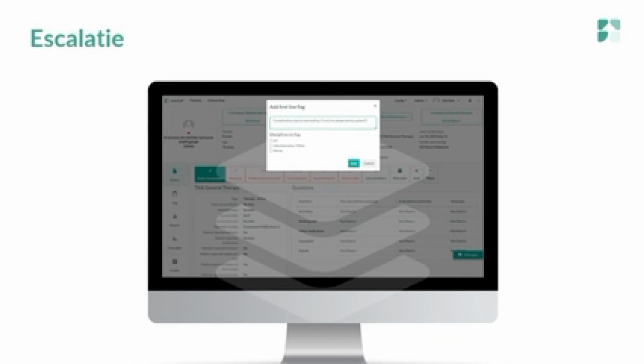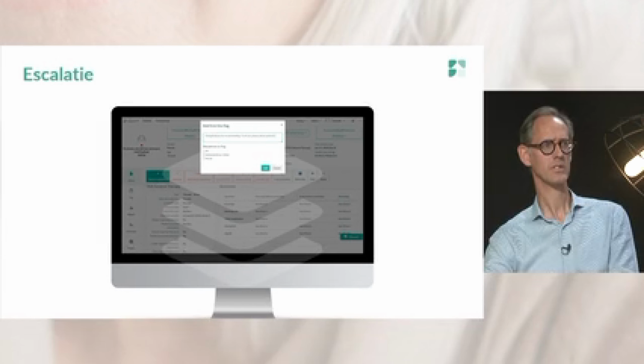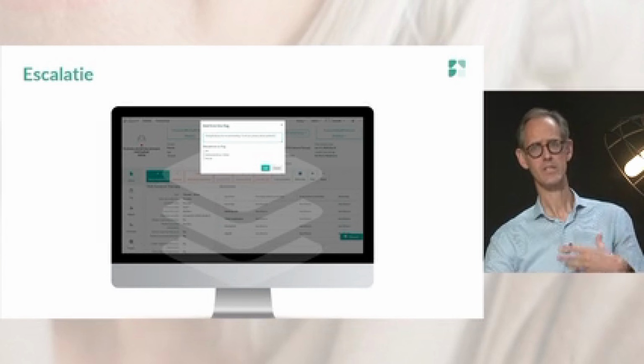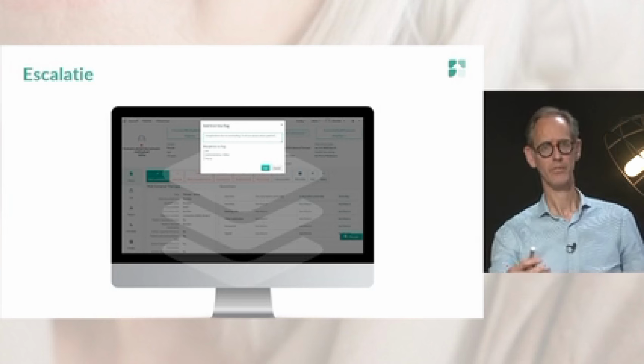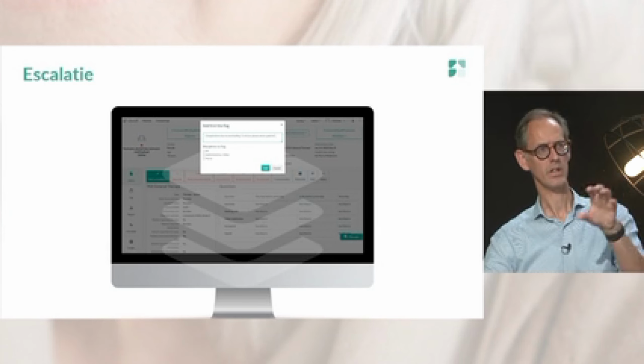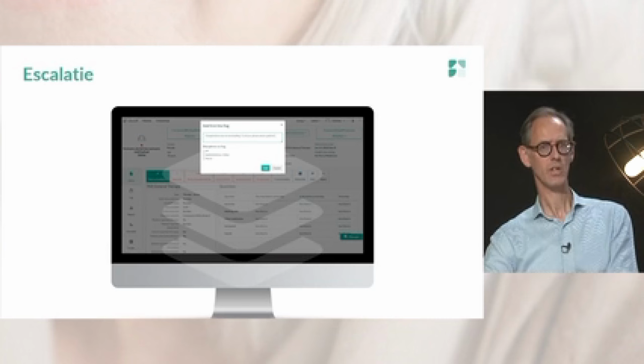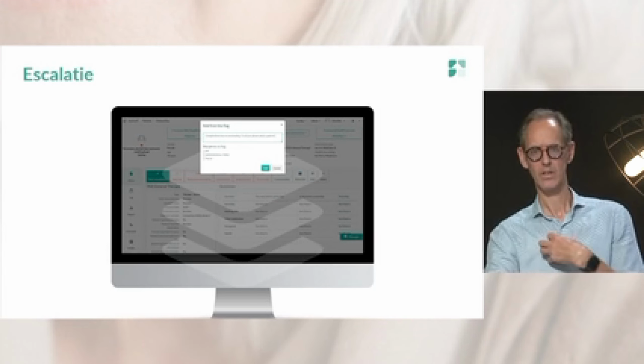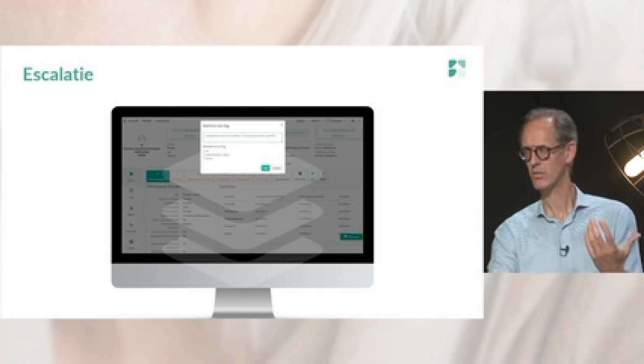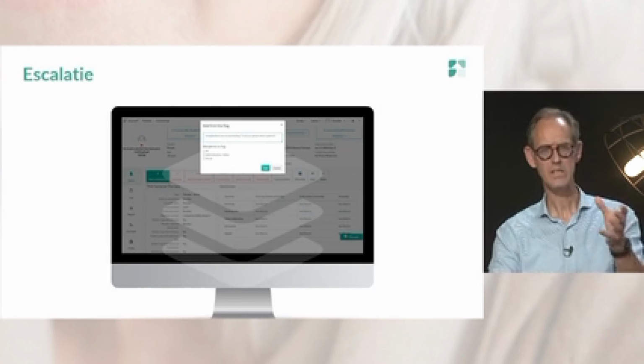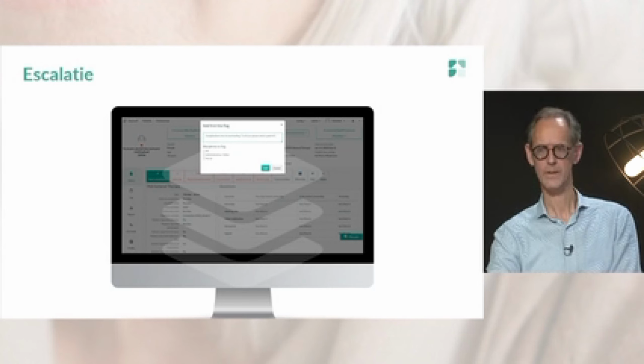As has already been told, the escalation phase is, I think, quite unique for us as surgeons. During this phase, the patient is at home and is guided, and the follow-up is done through this application. We will notice small things that go wrong, and we can very easily interact with the patient to guide them.